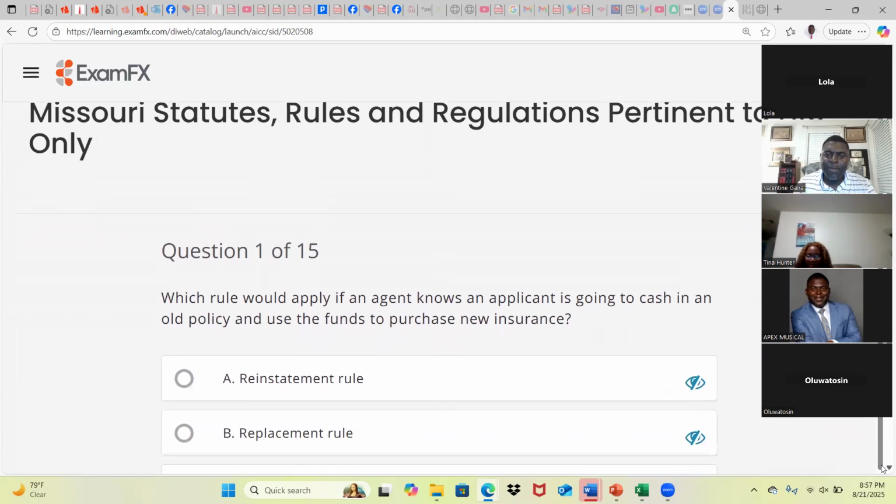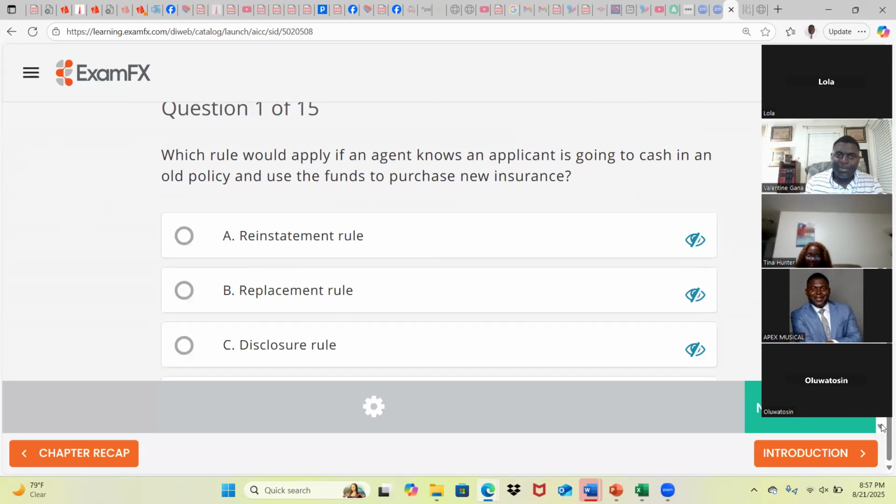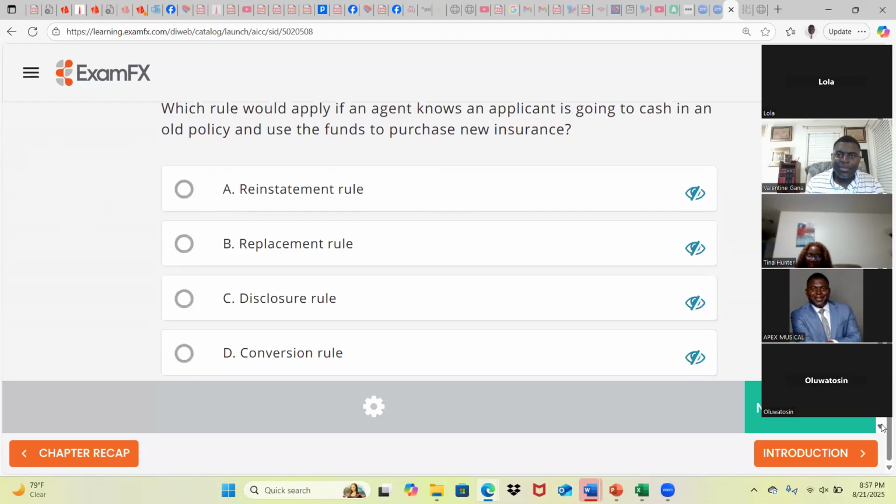Question 1 of 15. Oluwatosin, can you read this one? Okay. Which rule would apply if an agent knows an applicant is going to cash in and hold a policy and use the funds to purchase the insurance?